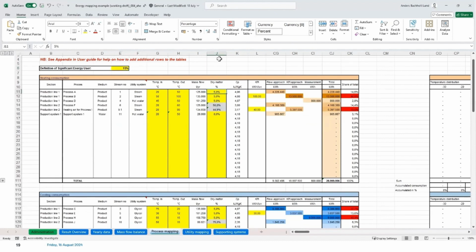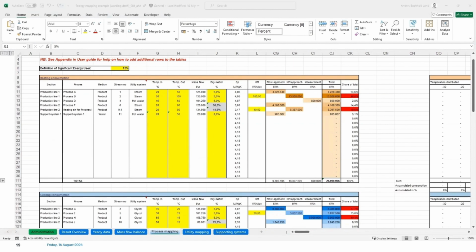And here we mostly use it to define the specific heat of this product flow. This is the only reason why it's included in this sheet, because sometimes the heat capacity is a function of the dry matter and the temperature, with a simple correlation. So this is why it's entered here.